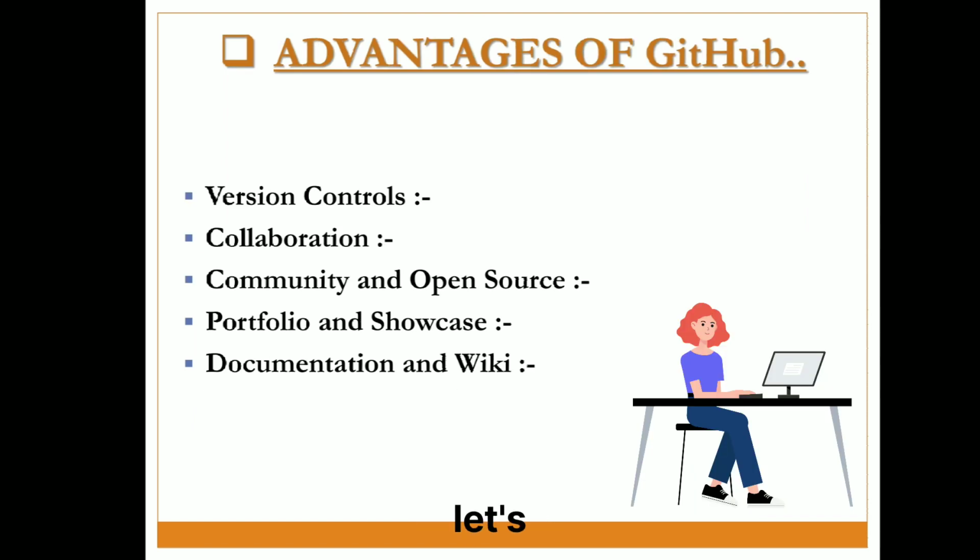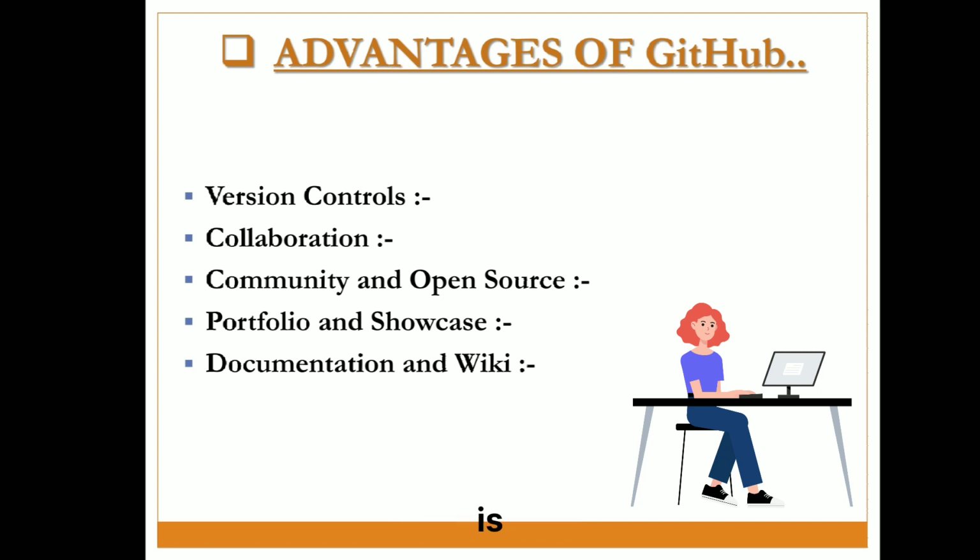Friends, now let's talk about some advantages of GitHub. Let's understand them step by step. The first one is version control. GitHub provides powerful version control capabilities. Git allows developers to track changes to their code and collaborate efficiently.